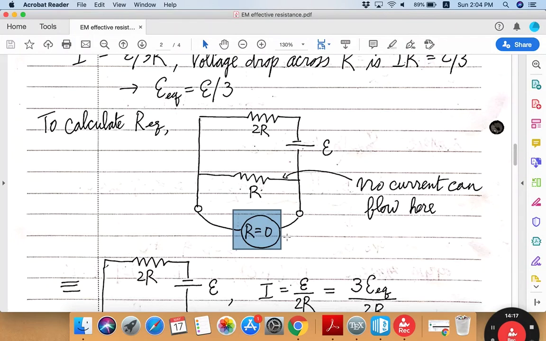Okay, but one thing we know about zero resistance in a circuit is that if some other resistance is connected to that in parallel, then this other resistance is basically rendered moot.